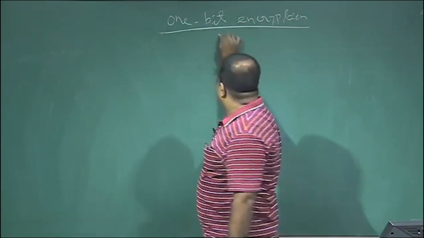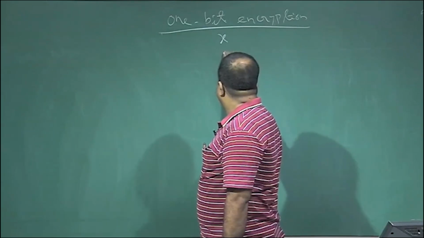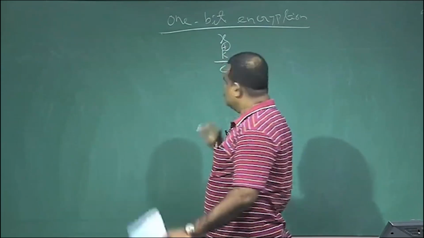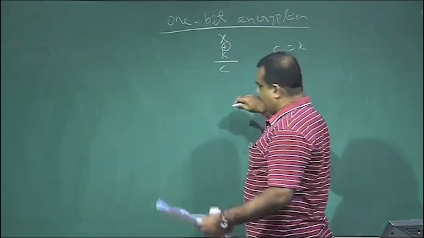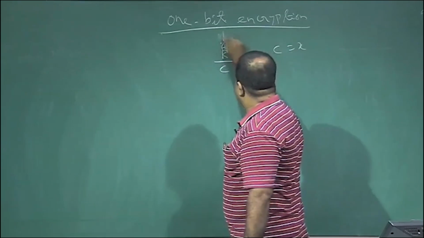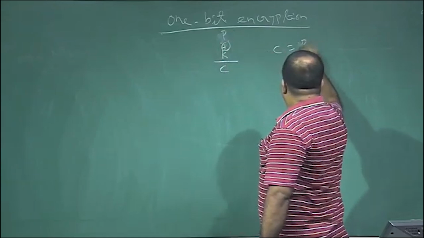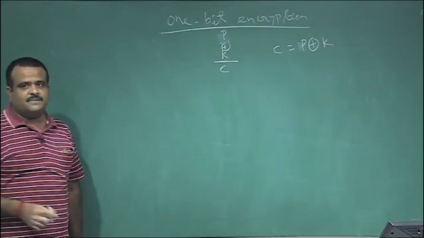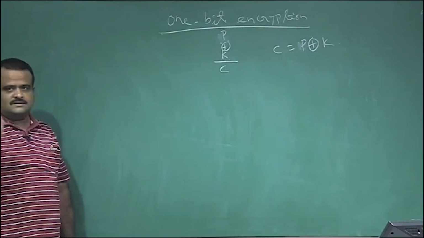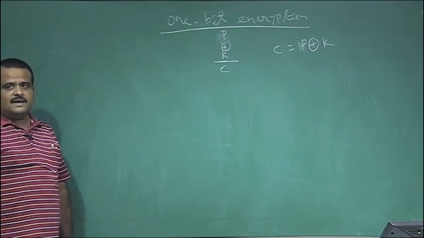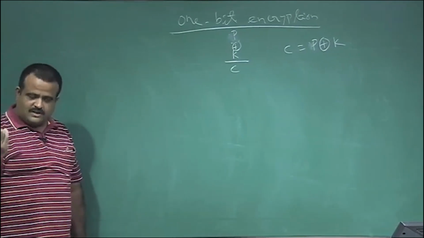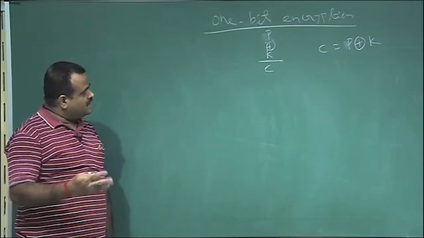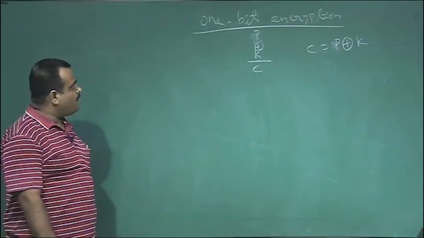We have a message x which is a single bit, and we generate a key bit k, and we XOR them and get a bit C. So C is x plus k, or we can say P, the plaintext, is a single bit, so P XOR k. This is the single bit encryption, where P is the 1 bit plaintext, k is the 1 bit key generated from the secret key, and C is the 1 bit ciphertext.